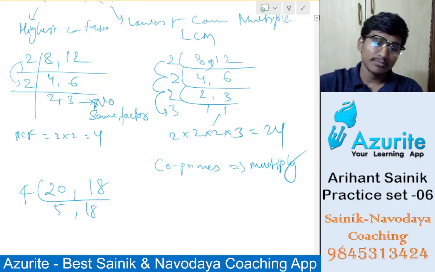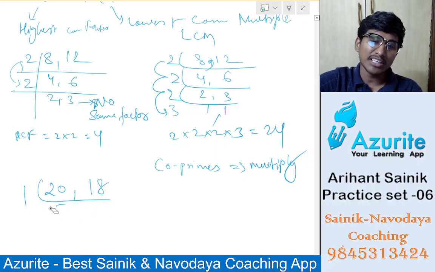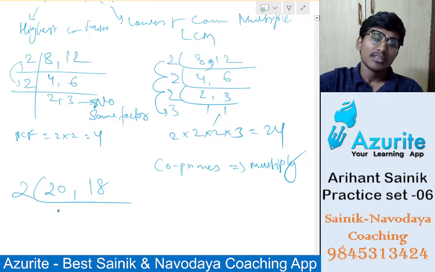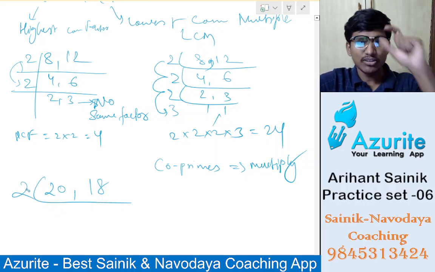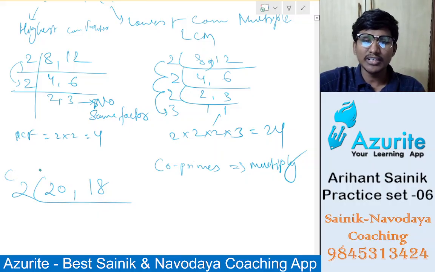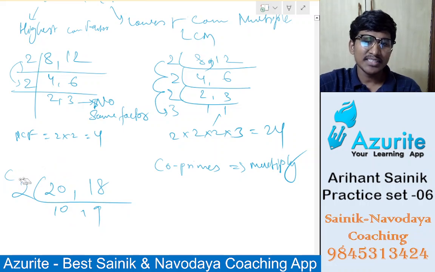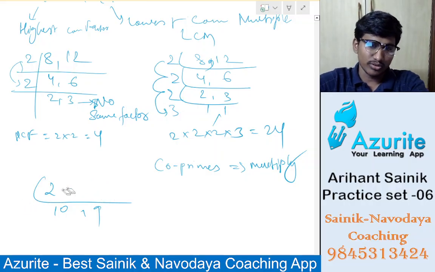That will be wrong. First we have to see the common table. 18 and 20 will come in which table first? 2 table. So you have to do that common table first, that is 2 tens are, 2 nines are. Understood? So do not get confused. Not with 4. Got it?